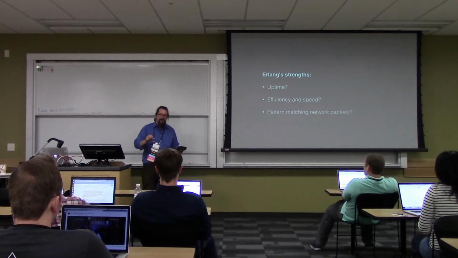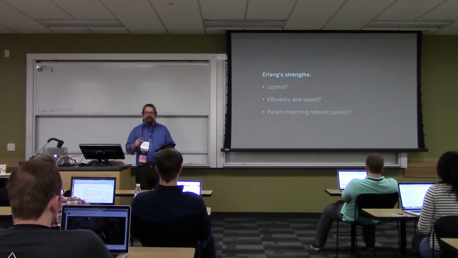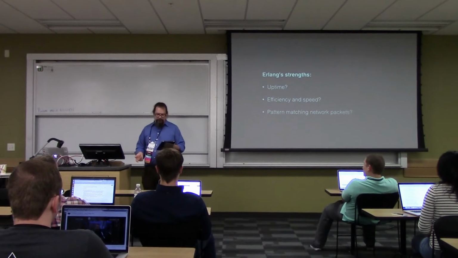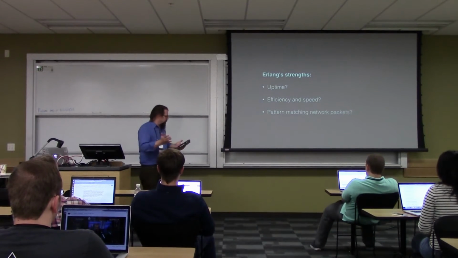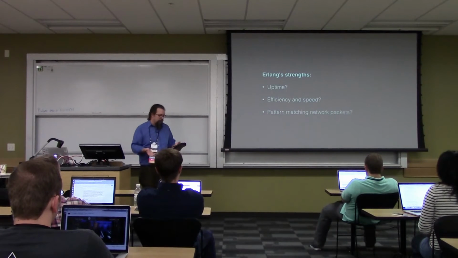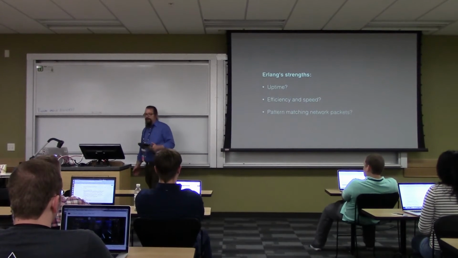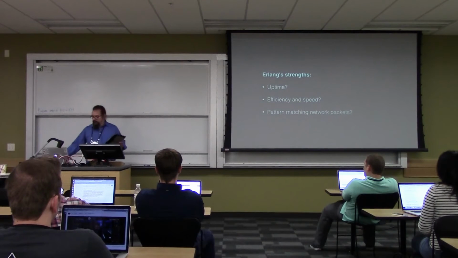When we don't get the successful case, we let the system crash, we let the process crash. And it's what we do after the crash that makes it fault tolerant, not just incredibly stable. And Erlang is good at network programming, but that's just a side effect of Erlang being good at a lot of things.